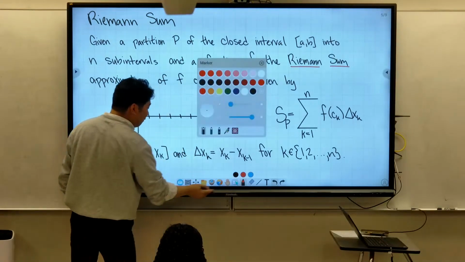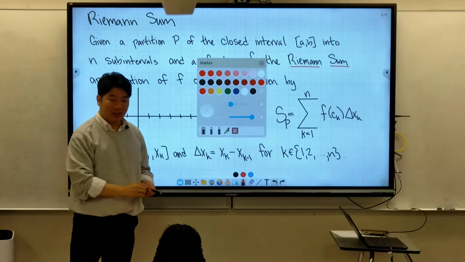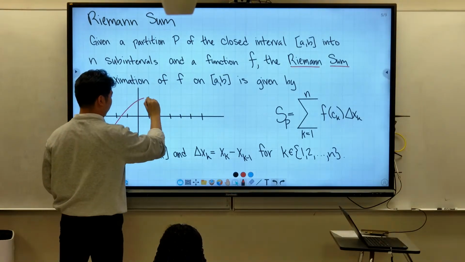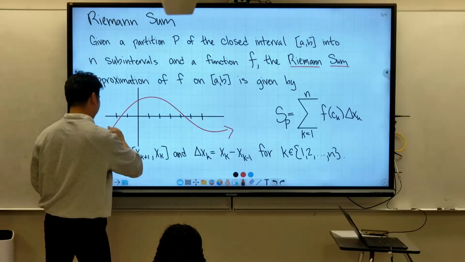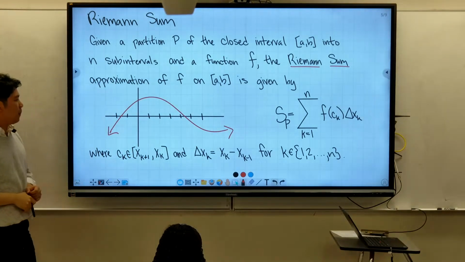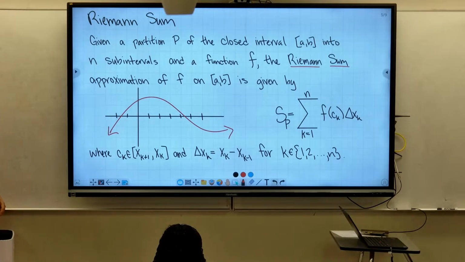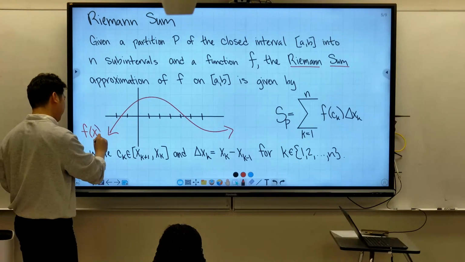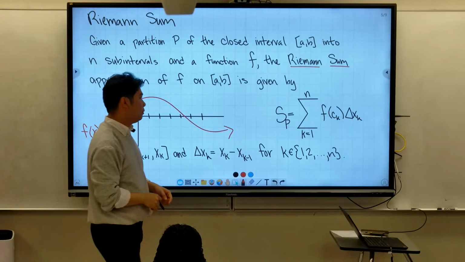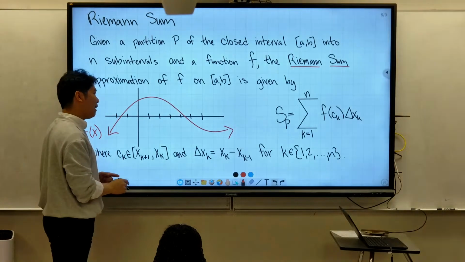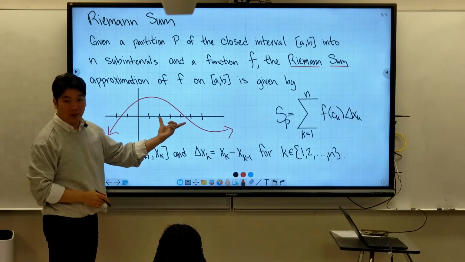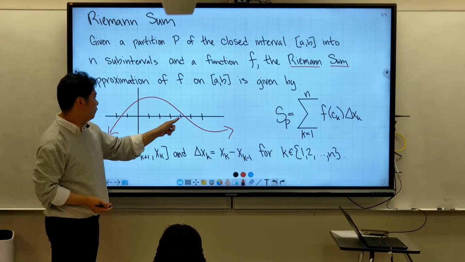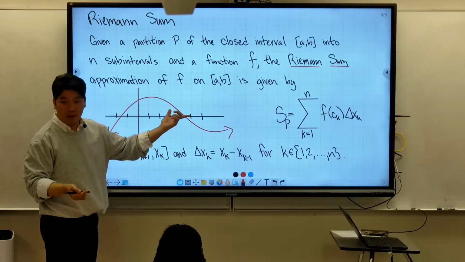So let's say I graph a function. I'm not going to specify what type, but let's just say I got a function like this. Here's my function f of x. What I did is that here I have an interval. Let's say I want to work from 0 to 6, for example.